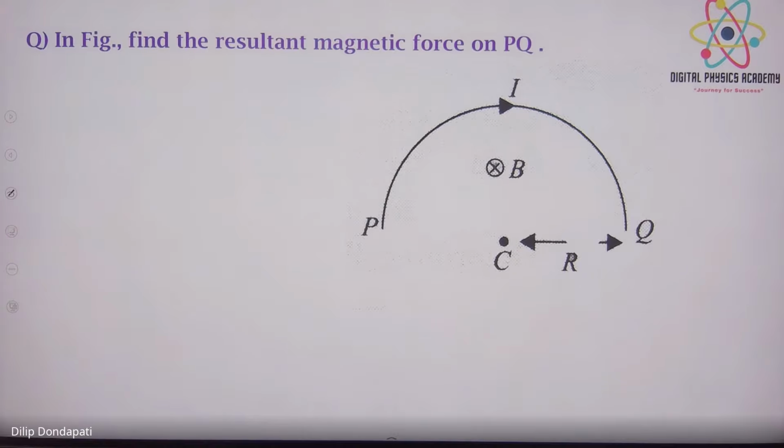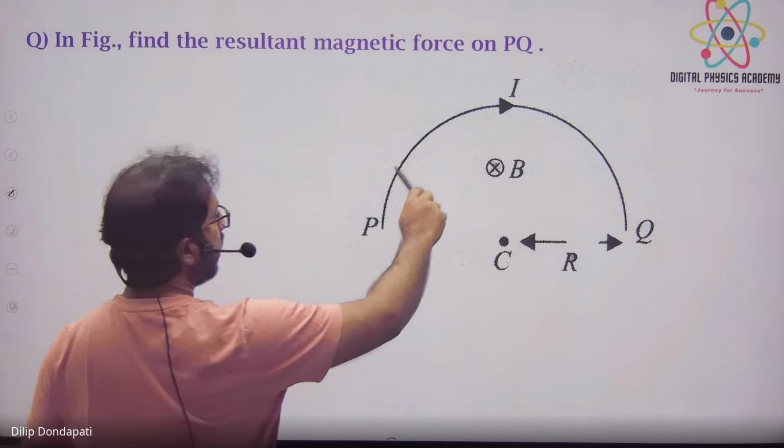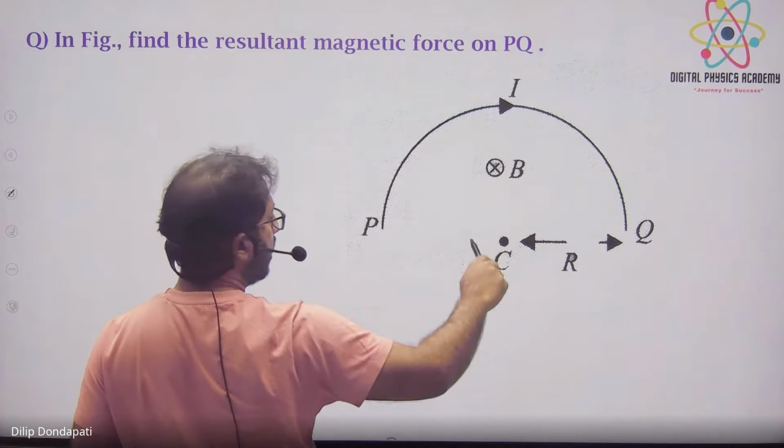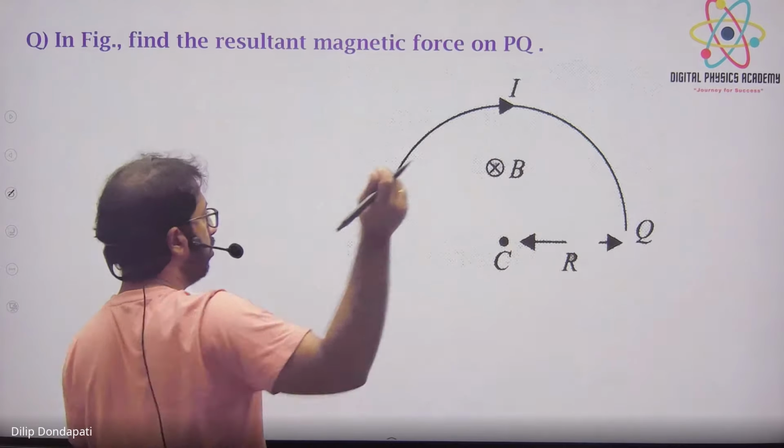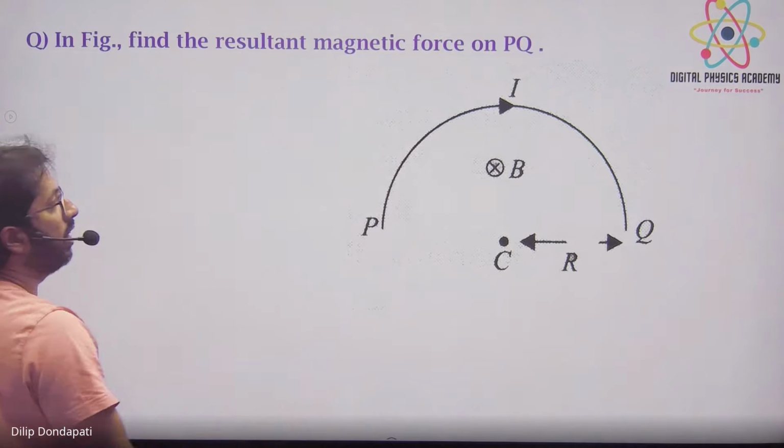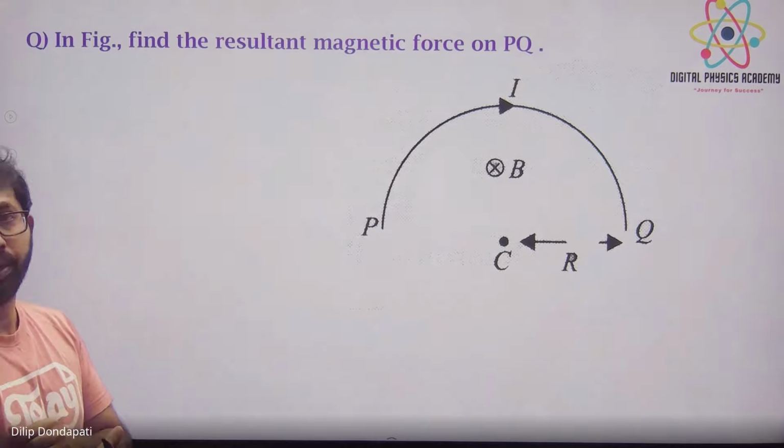Find the force on PQ. There is a current-carrying wire, semicircular, with radius R, and the magnetic field is inwards, in the whole plane. He's asking what is the force acting on this PQ.